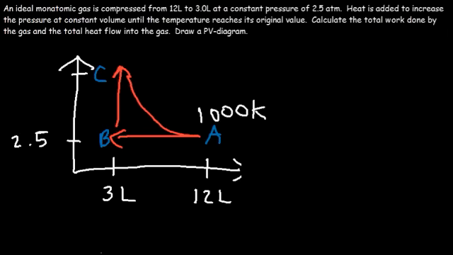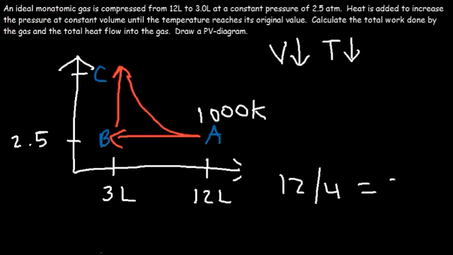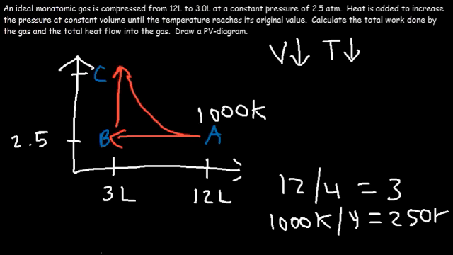Now, notice the volume decreased from 12 to 3 liters. Whenever the volume decreases, the temperature decreases as well if the pressure is held constant. The volume decreases by a factor of 4. If you divide 12 by 4, you get 3. Likewise, if we divide 1000 Kelvin by 4, it gives us a temperature of 250 Kelvin. So that's the relative temperature at point B if point A is 1000 Kelvin.